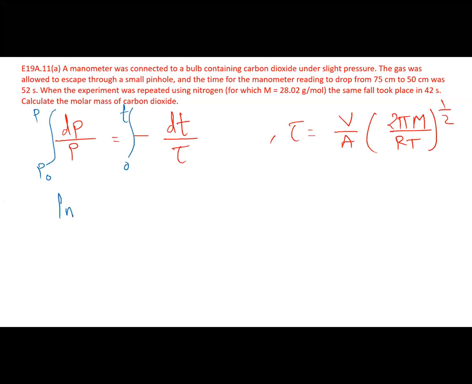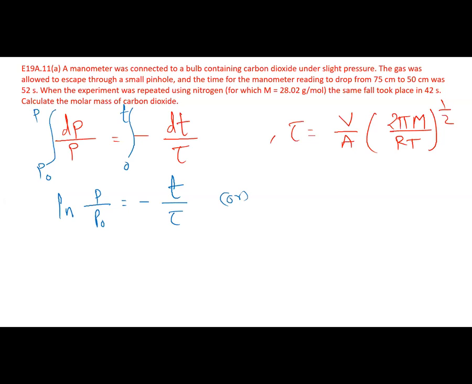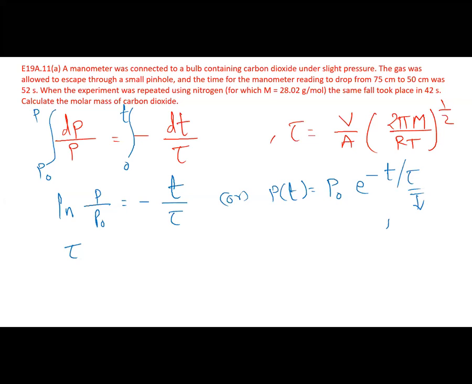So I get ln P over P naught is equal to minus t over tau. Or we can rewrite this equation as P of t is equal to P naught at time t0 e power negative t over tau. Tau is also called the relaxation time.